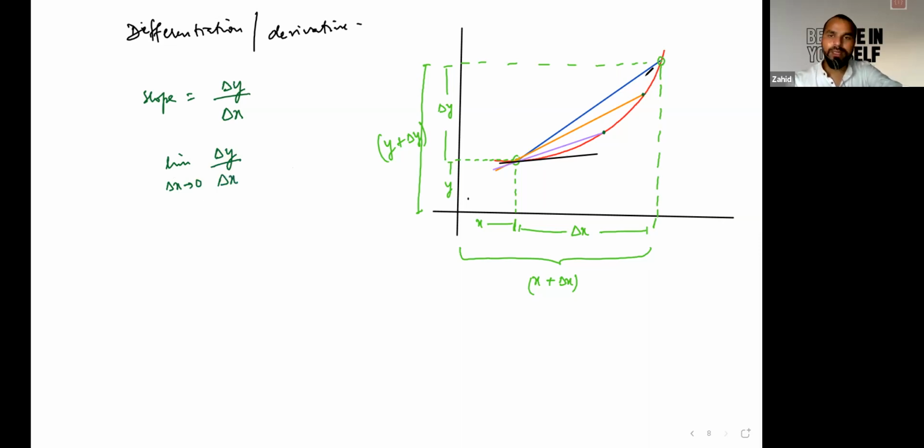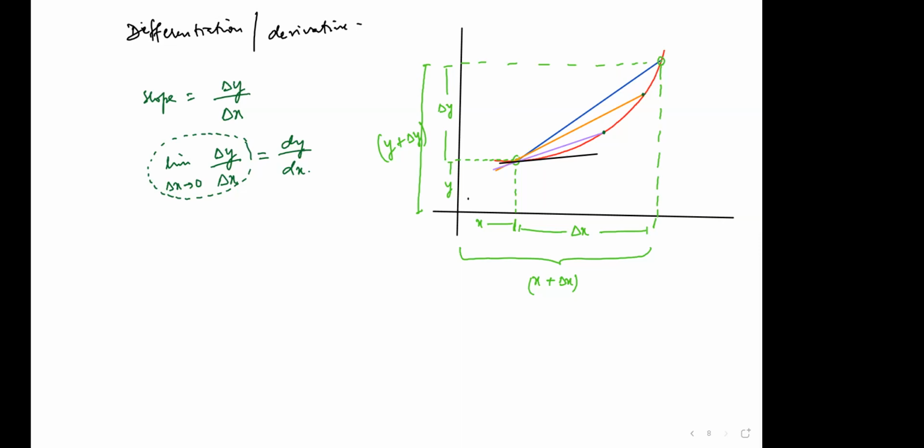It means we are bringing this point closer and closer to the original point such that the change is an infinitely small segment. This ratio reads as dy over dx. Is it clear? Yes, sir.